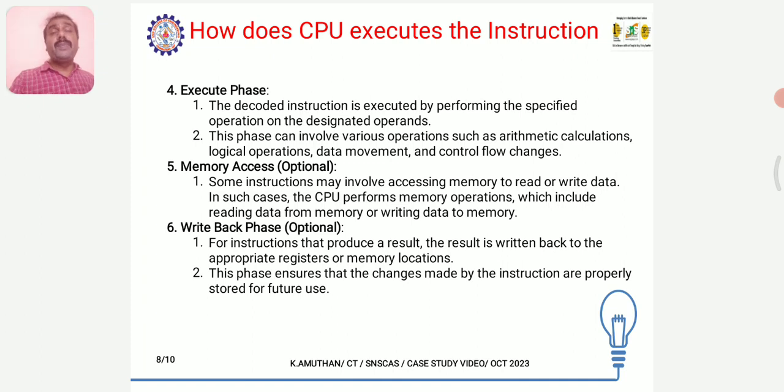A, B are the operands, and A plus B, where plus is the operator. How the operators are performed on operands. Memory access: how that data or variable can be fetched from the memory. Write back means the answer should be written back in the memory.